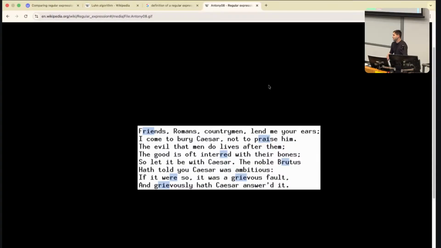The pattern looks to be the character R followed by a sequence of vowels, where that sequence can be any length. So a regular expression is like a language for describing the patterns you're trying to match.